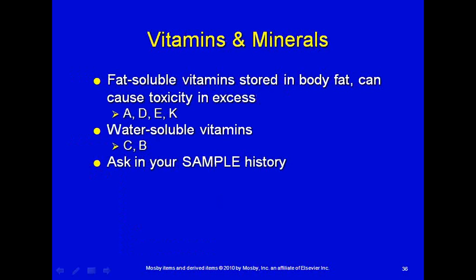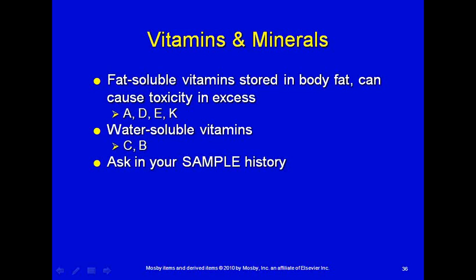Vitamins and minerals include fat-soluble vitamins, which are stored in body fat and can cause toxicity in excess. You can have too much vitamin A, D, E, or K. In toxic cases, there's a wide variety of treatment that has to occur, and I would contact the Poison Control Center if I suspected my patient had overdosed on their multivitamin.